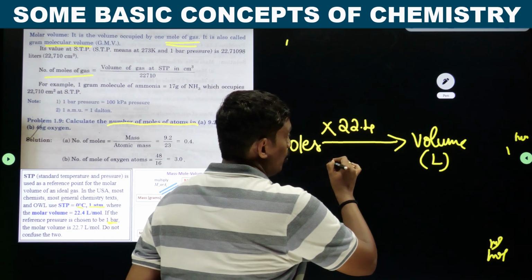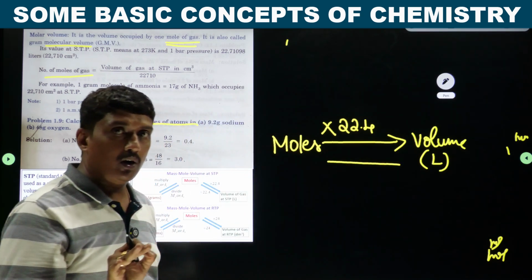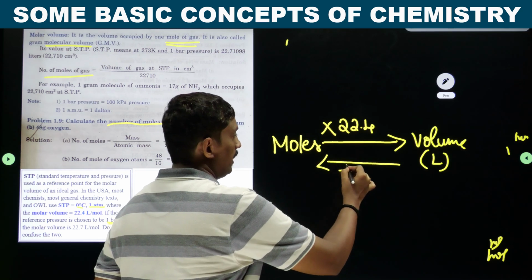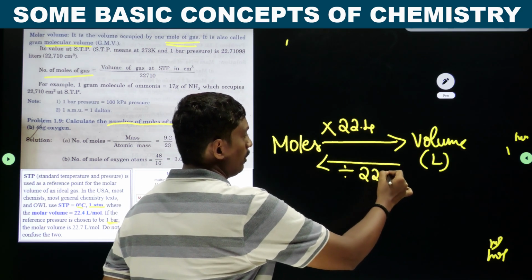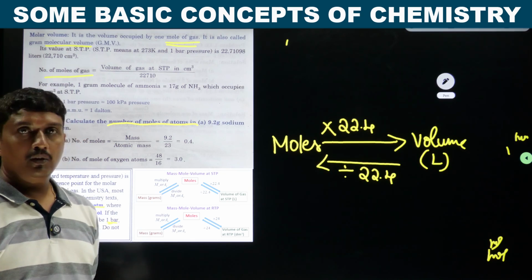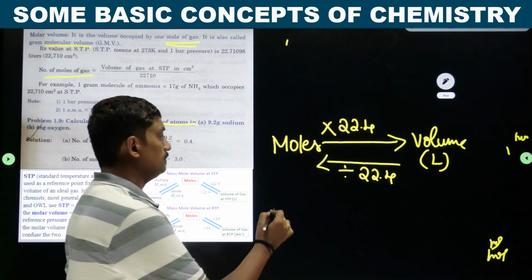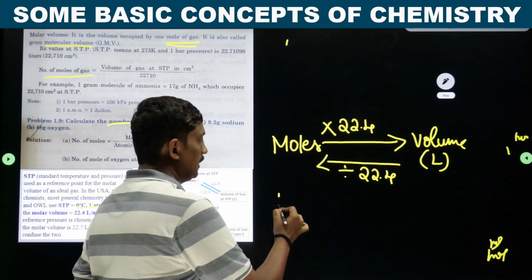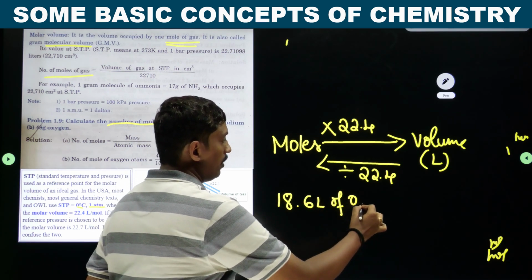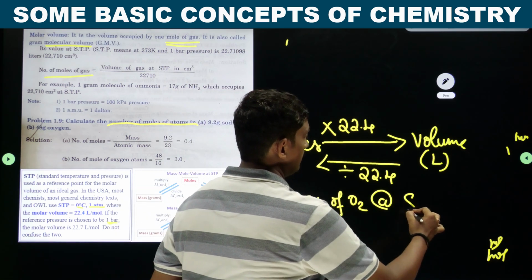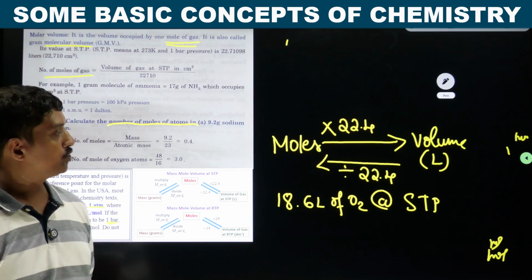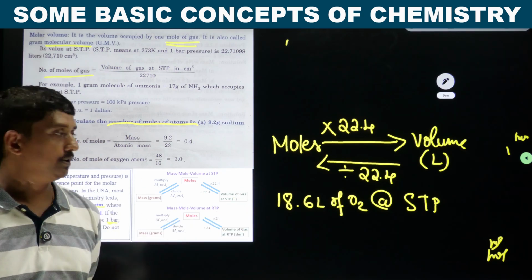So if volume is given and you want moles, very simple, divide by 22.4. For example, 18.6 liters of oxygen at STP. How many moles of oxygen?